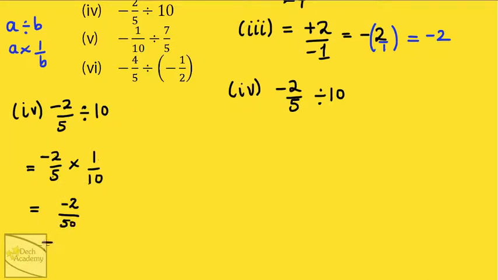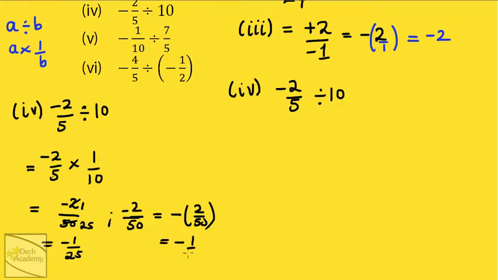So the answer is minus 1 over 25. 2 in 2 is 1, 2 in 50 is 25. So what we had there was minus 2 over 50, which is to just write down the minus sign, and then you have 2 over 50. So that's equal to minus, what's 2 over 50? 1 over 25.